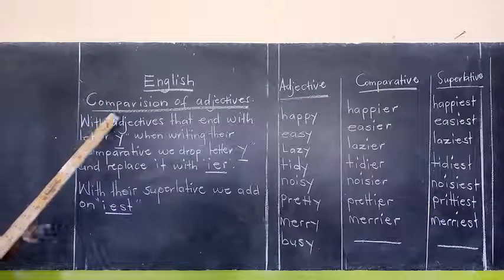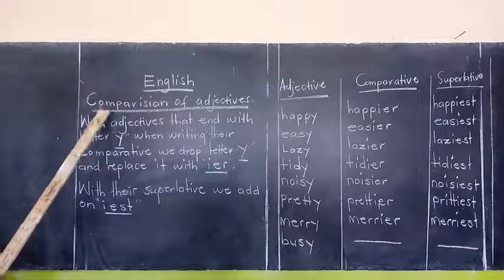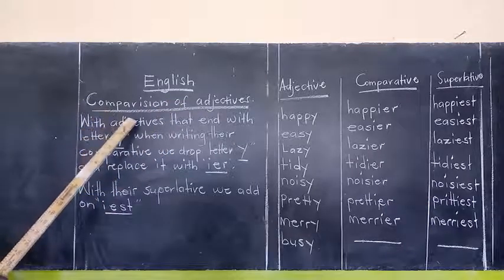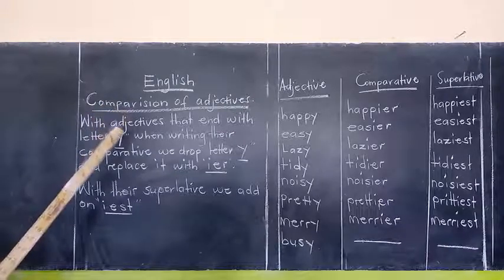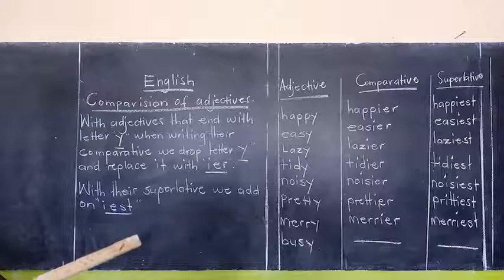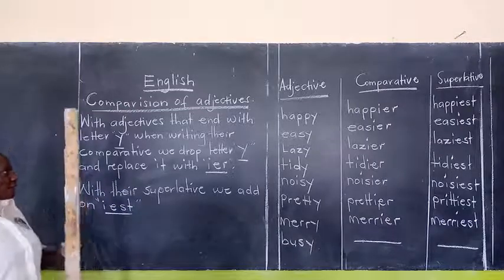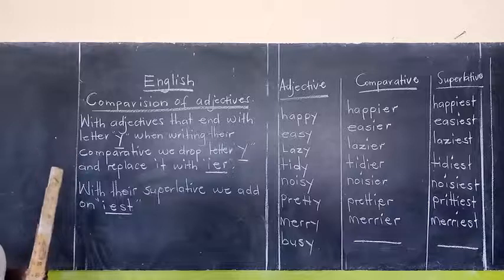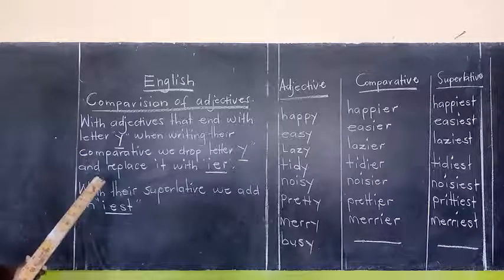We come back here from where we started. We say comparison of adjectives. I told you that the word comparative comes from the word compare. So when we talk of comparison, we are comparing the two or the three. The two, we call the comparative, and the three, we call the superlative.